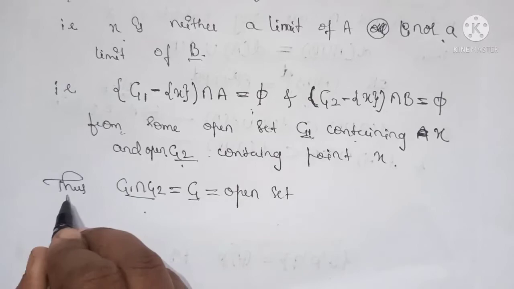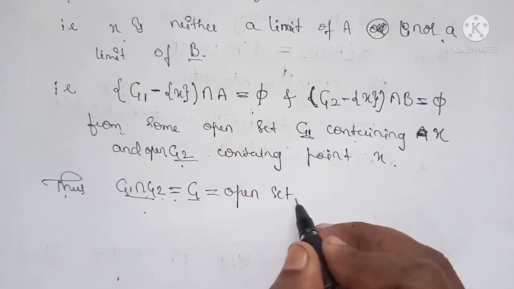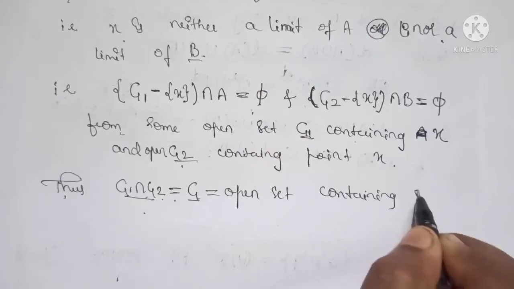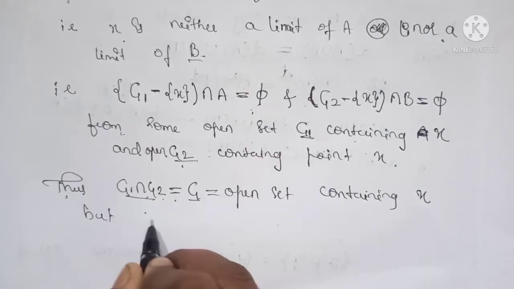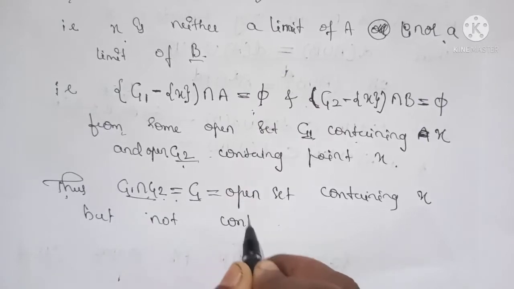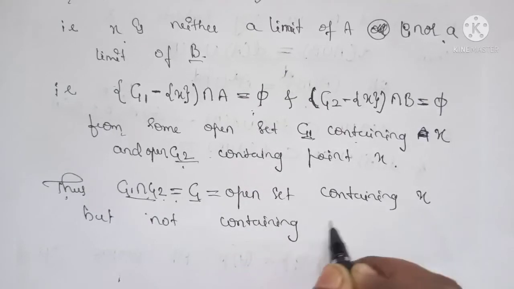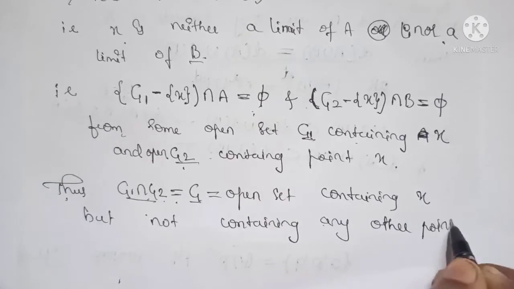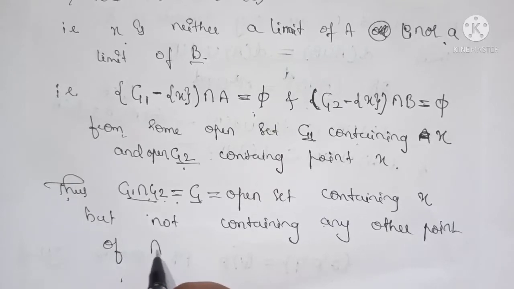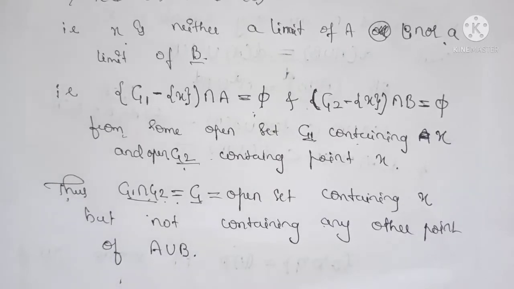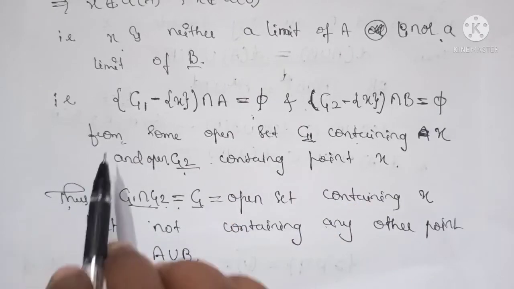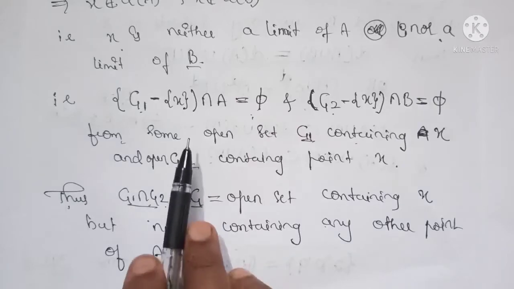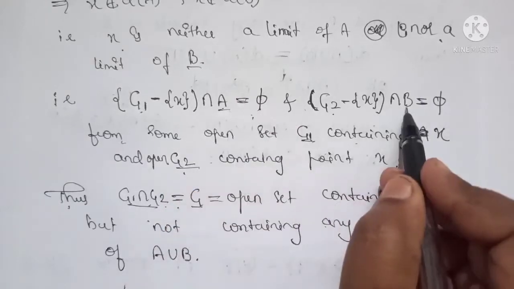Therefore G1 intersection G2 is an open set containing x but not containing any other point of A union B, because you can observe that these two are open sets containing x but not containing any other point of this A or this B.